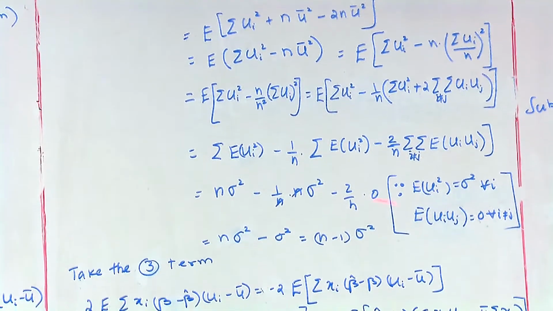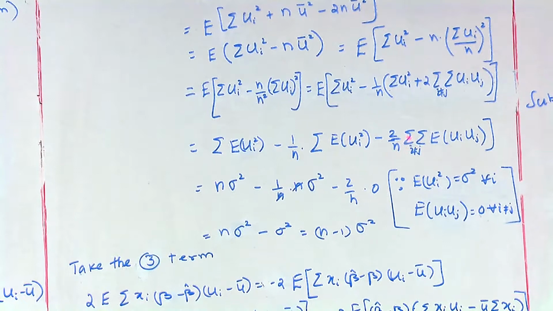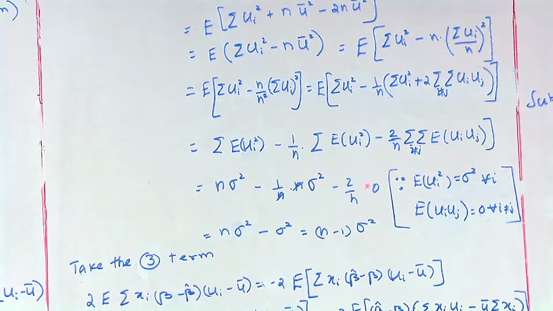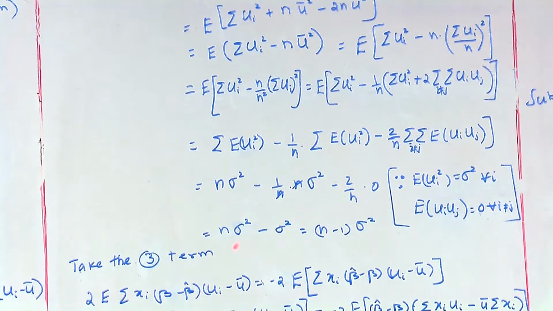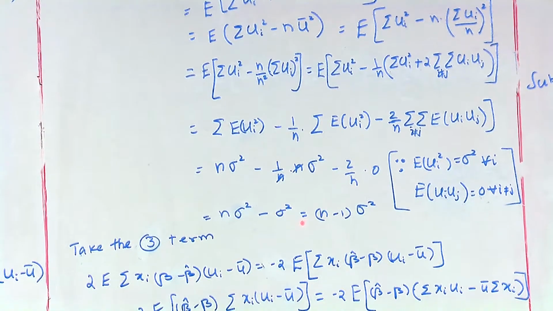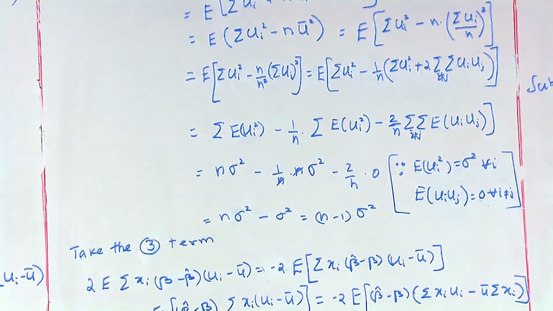So substituting these values, n times we are adding σ square. So n σ square minus 1 by n into n σ square, minus 2 by n into this term, which is 0, so this term vanishes. At the end we get n σ square minus σ square, that is equal to (n − 1) σ square. So this is the second term: expectation of Σ(ui − ū) whole square is equal to (n − 1) σ square.